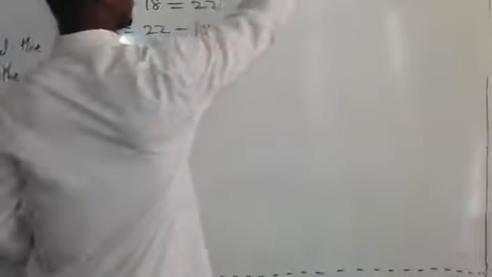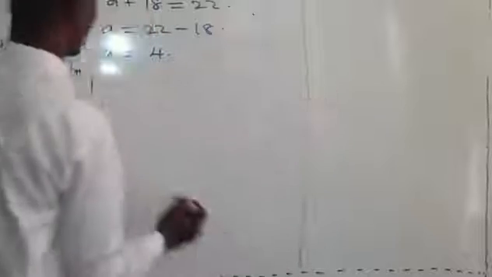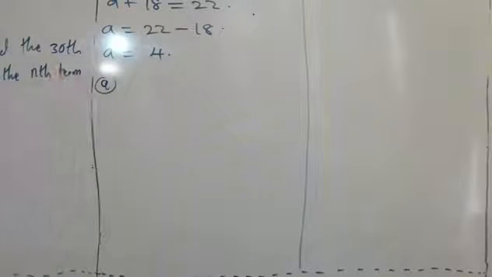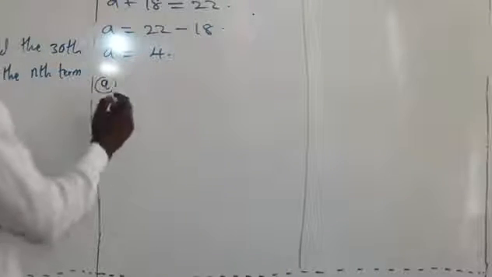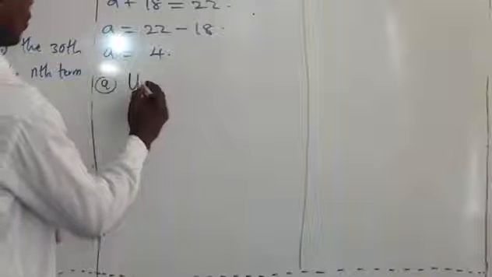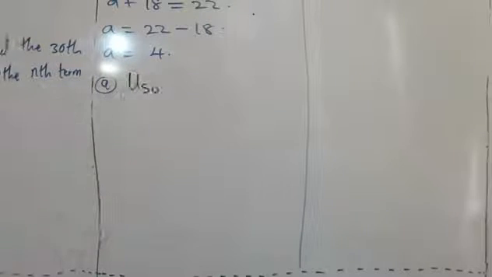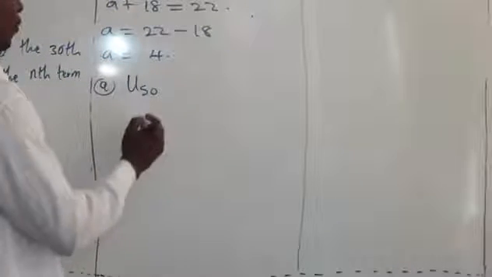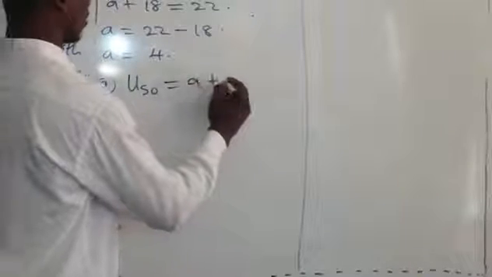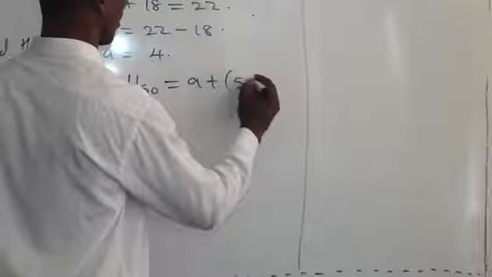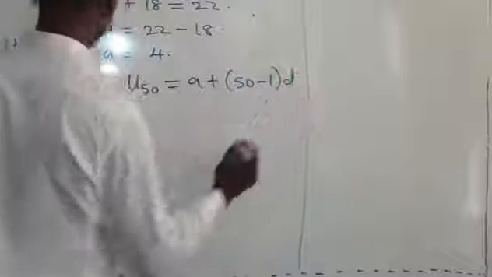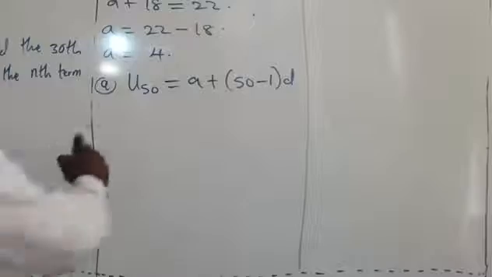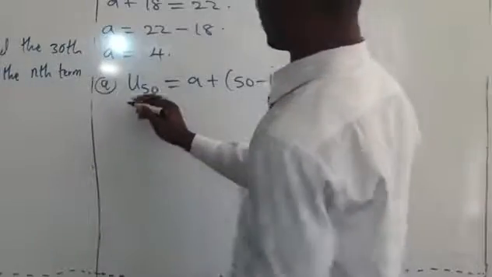So question A states that we find the 50th term. The 50th term, that is U50, we are still making use of the nth term formula. So the 50th term will be U50 equals A plus 50 minus 1 D, that is when n is 50.